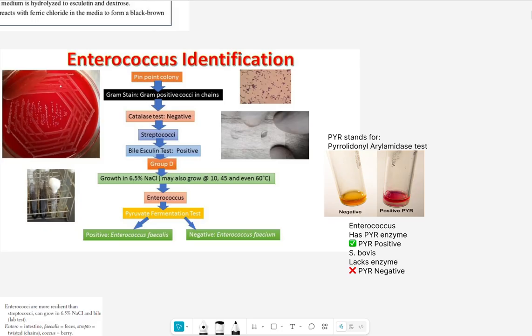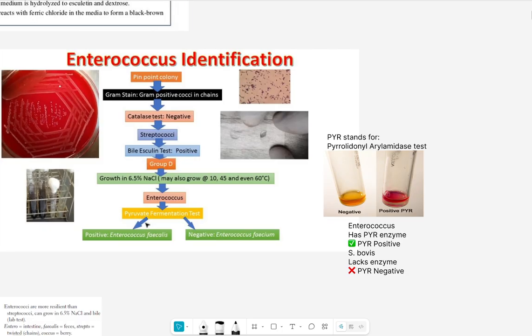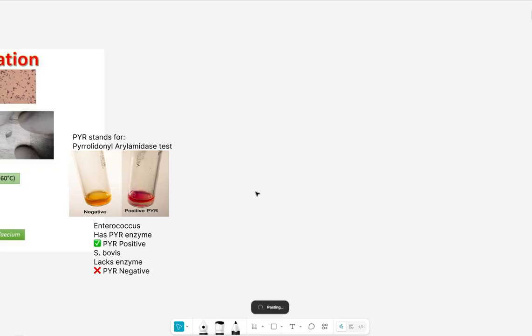I'm going to post a table here, just to remind you of S. pyogenes, which we just revised in the previous video. If I talk about the organism and the PYR test, I want you to know that the Enterococcus species was PYR positive, right?